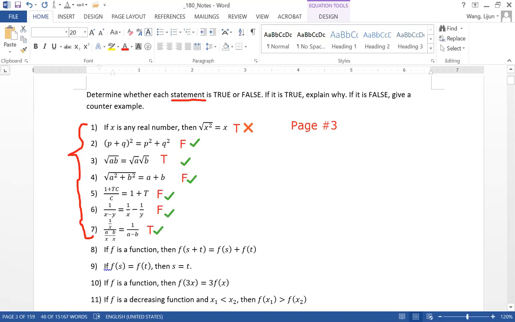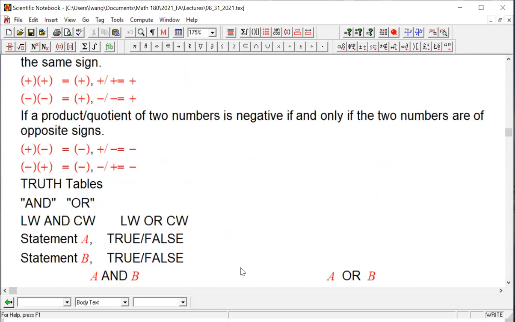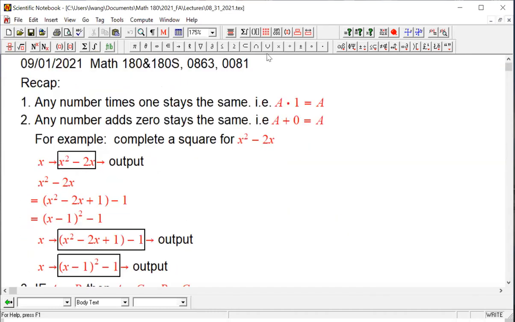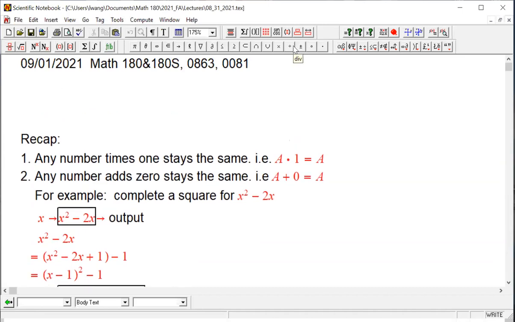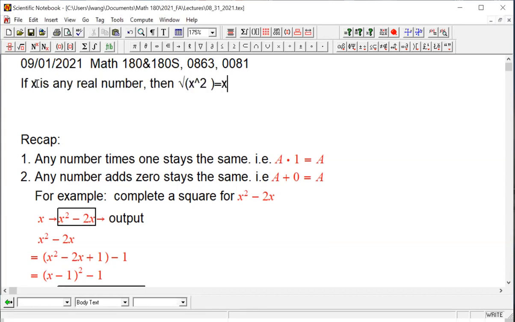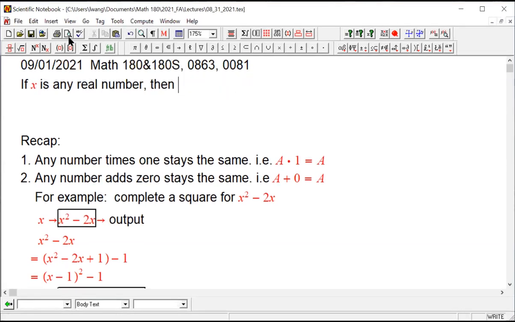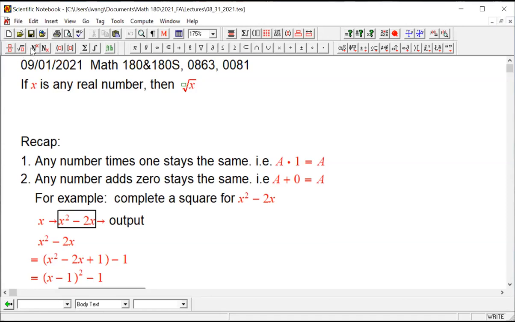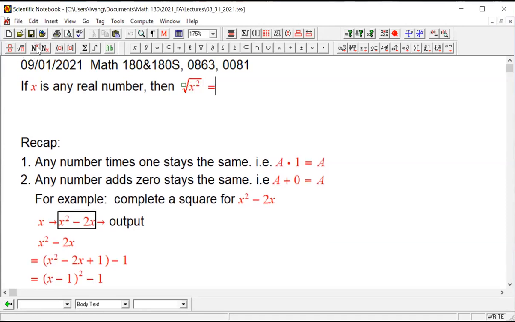So I'm going back to my board. The first question: if x is any real number, then the square root of x squared equals x.